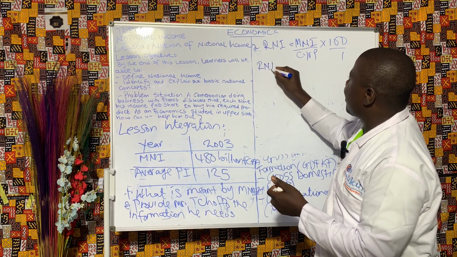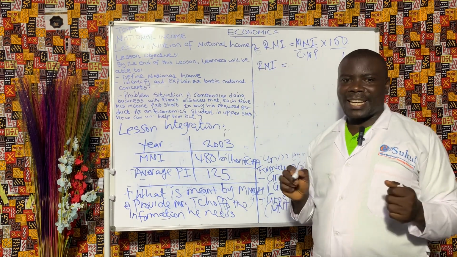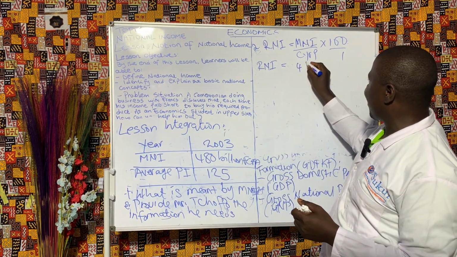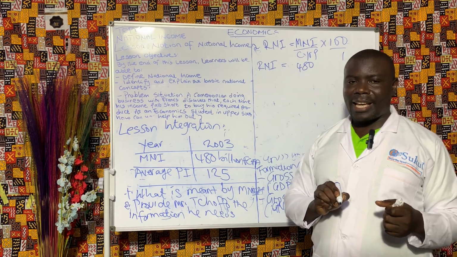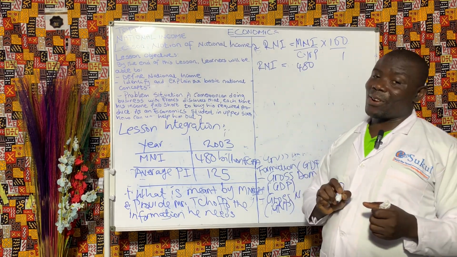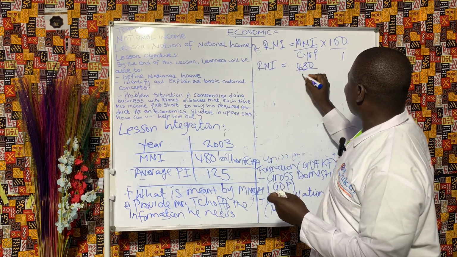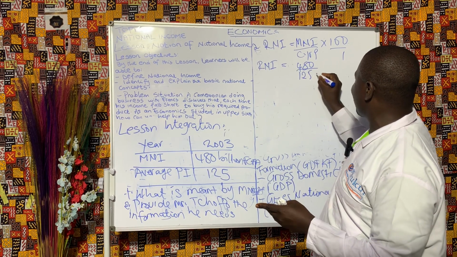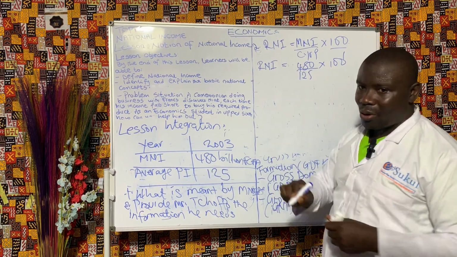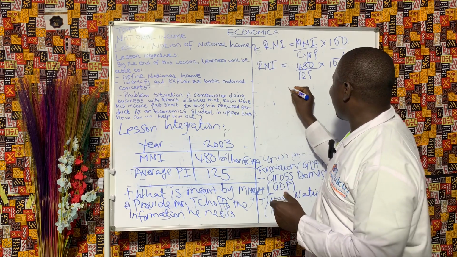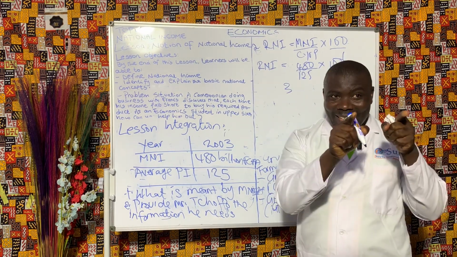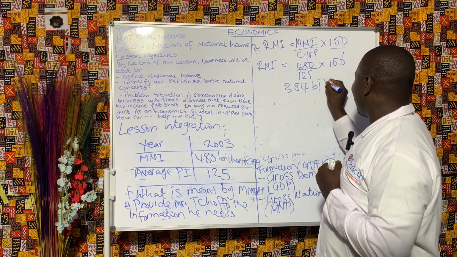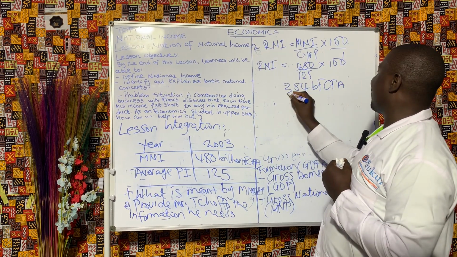Real national income is equal to, from our table, our money national income, 480 billion francs CFA, over the current year price, which is given as 125, times 100. And that gives us, if you calculate very well, 384 billion francs CFA.